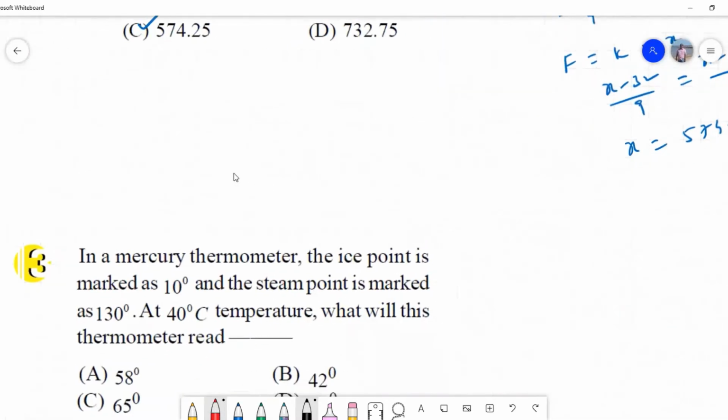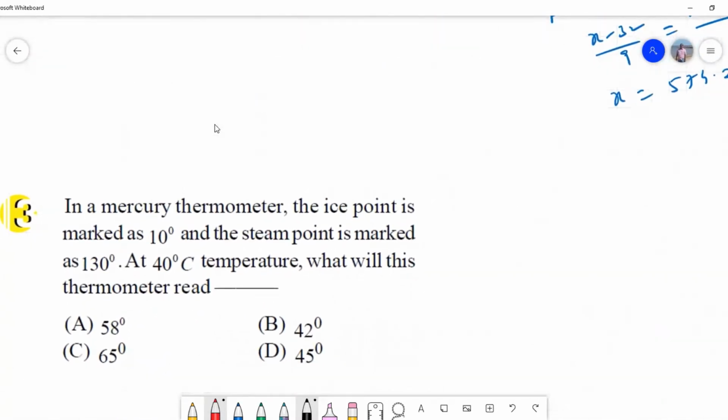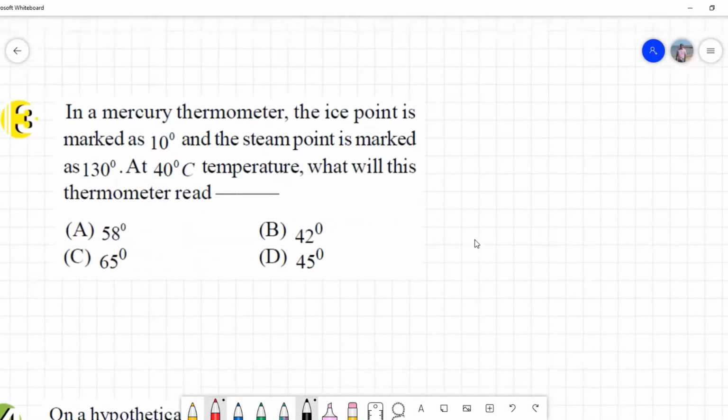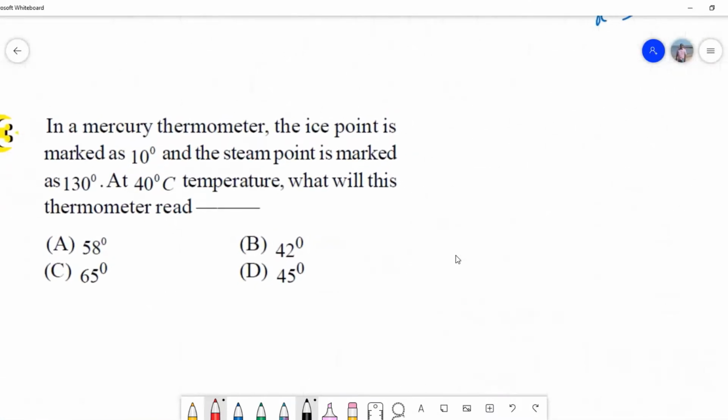Now let's move on to the next problem, number 3. In a thermometer, the ice point is marked as 10 degrees and the steam point is marked as 130. At 40 degrees centigrade, what will this thermometer read? So remember, it is a new thermometer.